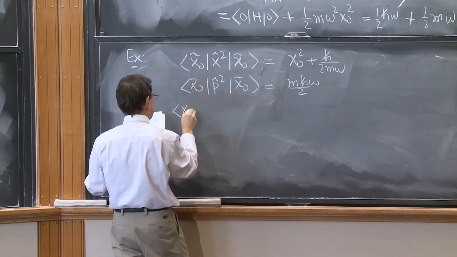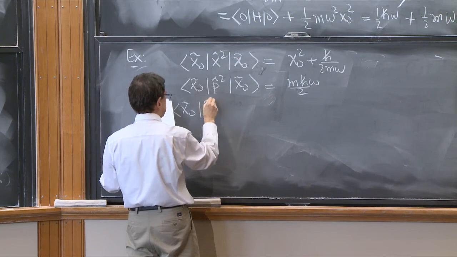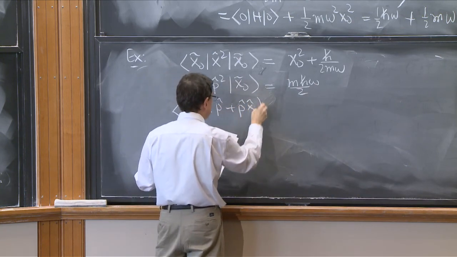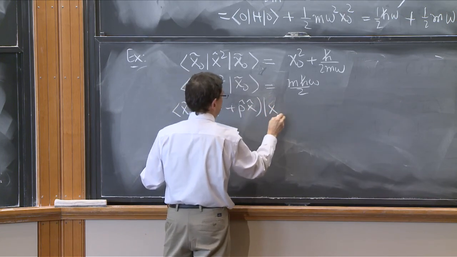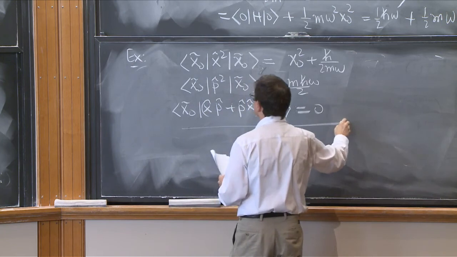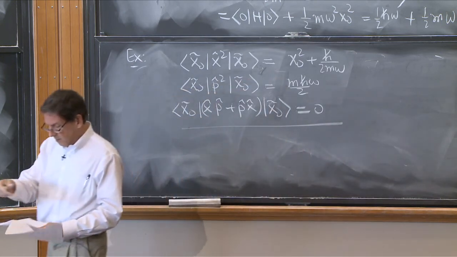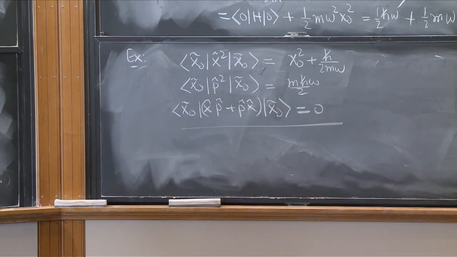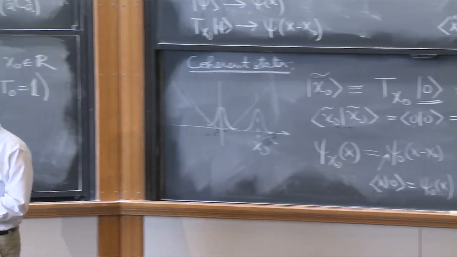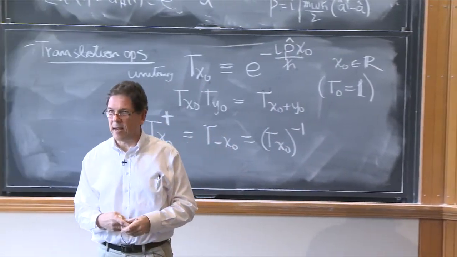And finally, x0 tilde xp plus px x0 tilde is equal to 0.